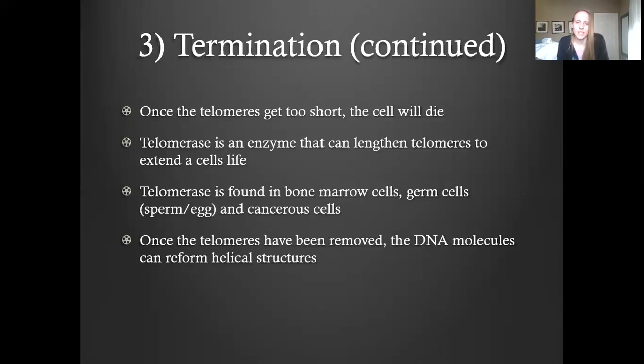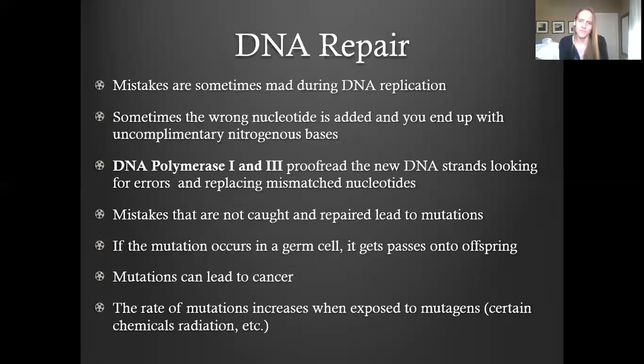So yeah, there are some researchers who are looking into extending human lifespans by using telomerase to lengthen telomeres, but thus far it causes cancerous tumors. So still a way to go on that technology. Anyway, once the telomeres are cut off, then the DNA molecule will retwist into that helical shape, and then that's it for the DNA replication.